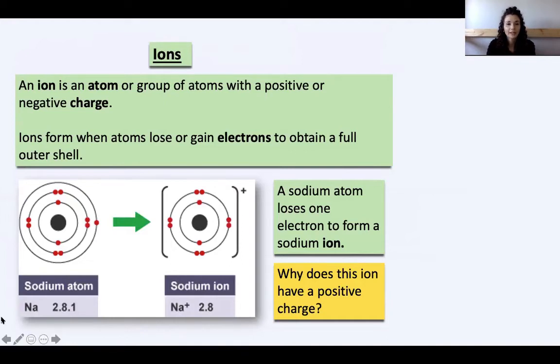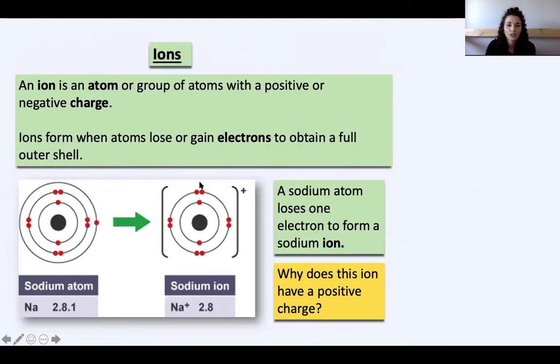So looking at this sodium atom then, because sodium's in group 1 of the periodic table, it has 1 electron in its outer shell. To make sure that its outermost shell is full, it needs to get rid of that electron. So it loses that electron when it bonds with a different atom.